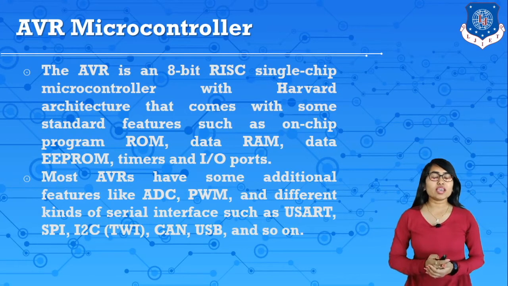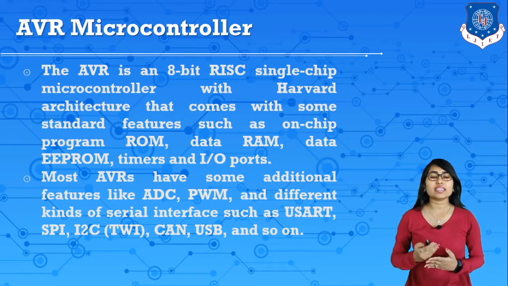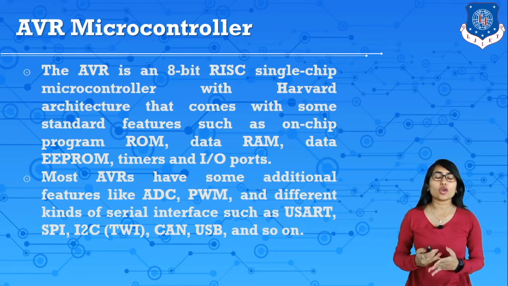Some AVR have some additional features like ADC, PWM, different kinds of serial interface such as USART, SPI, I2C, CAN, USB and so on. So various AVR microcontrollers have various kinds of on-chip units.